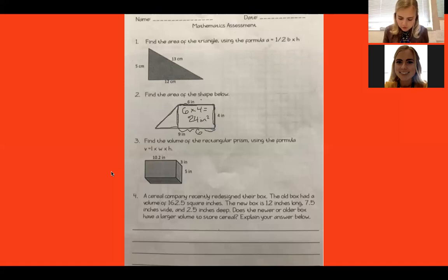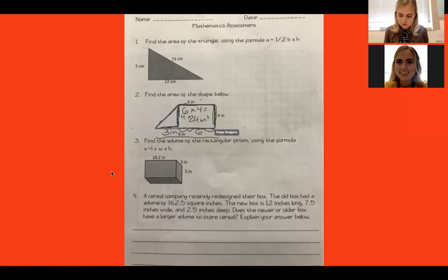Then we find the area of this triangle. So if this whole line is 9 and up until here is 6, that means we need 3 more to get to 9 inches. So the base of this triangle is 3 inches, and the height of this triangle is 4 inches, because this is 4.